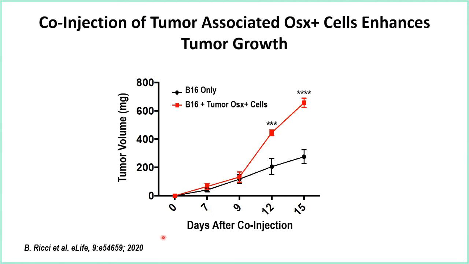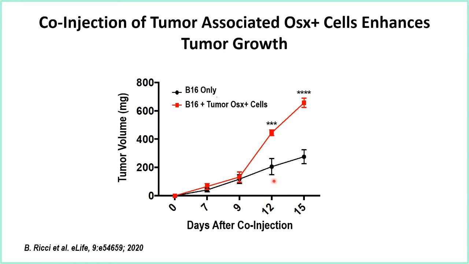Work in collaboration with Roberto Civitelli in our center shows that if you take these tumor-associated Osterix positive cells, isolate them, and then re-inject them in normal mice along with breast cancer cells, the presence of these tumor-derived Osterix positive cells greatly enhances tumor growth.